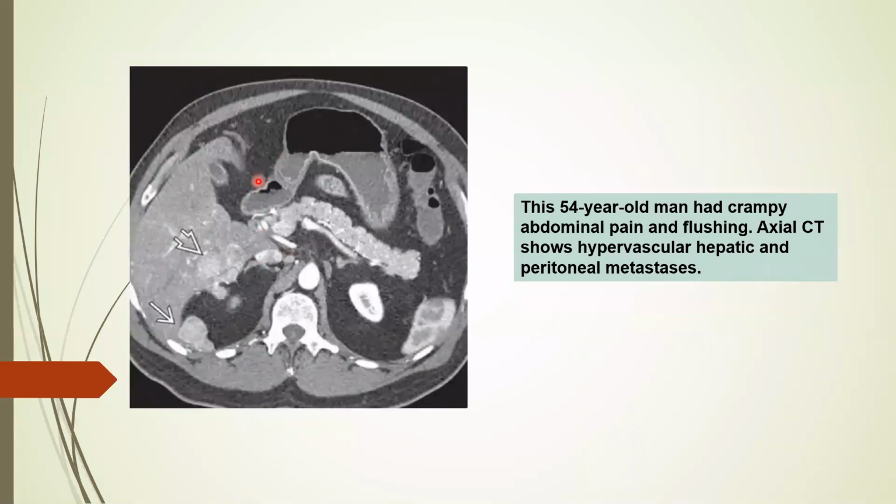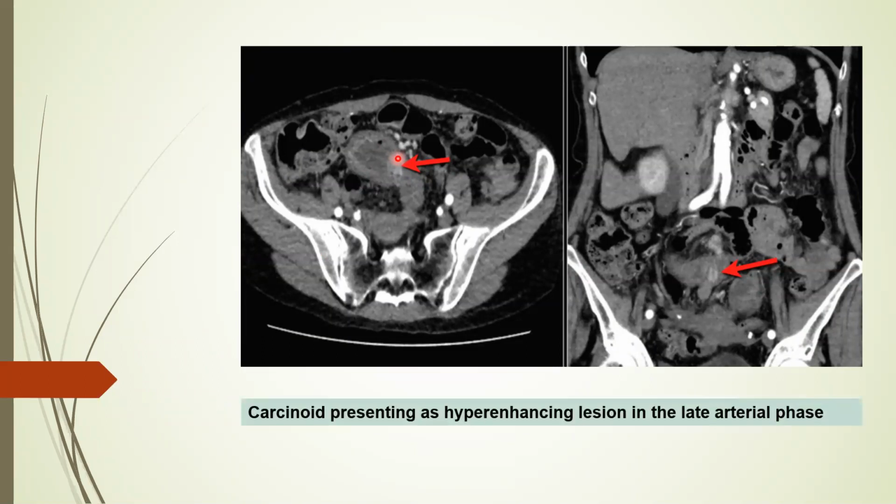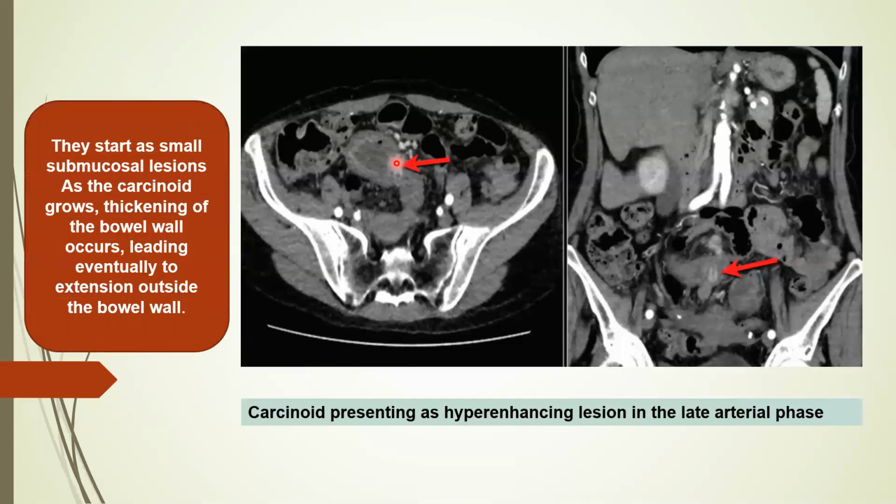This is a metastatic carcinoid presenting as multiple hyper-enhancing liver lesions and peritoneal deposits. This is a small bowel carcinoid presenting as a hyper-enhancing mural mass.